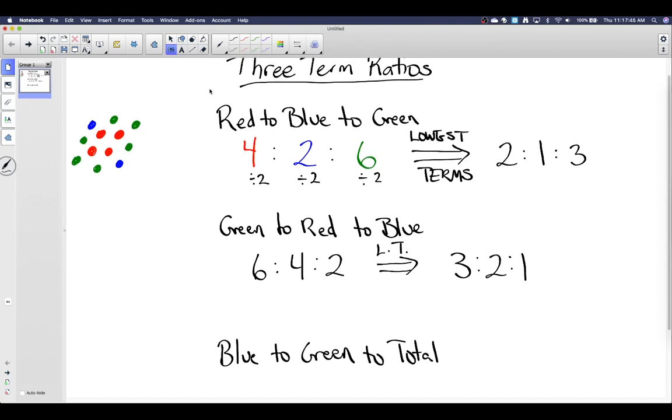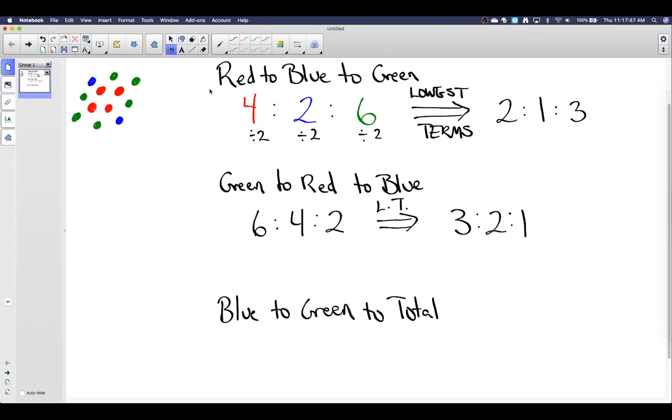Okay. Now there's another way I could look at this. We've been just comparing all of the different parts, but I could look at the different parts and I could compare them still towards the total. So I could say like blue to green to the total number of marbles. Well, there's 2 blue ones, there are 6 green ones, so it's 2 to 6, and then the total number of marbles, so the 2 blue and the 6 green is 8, plus the 4 red would give me 12.